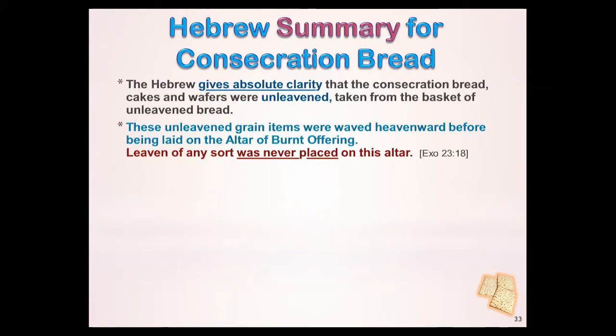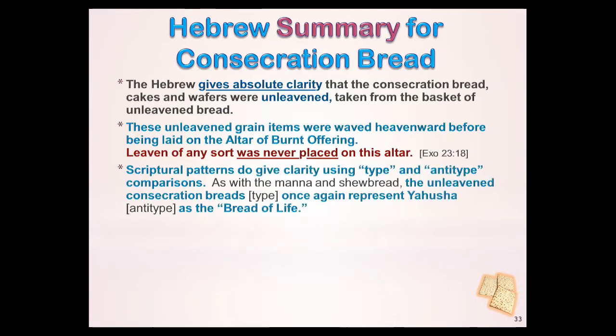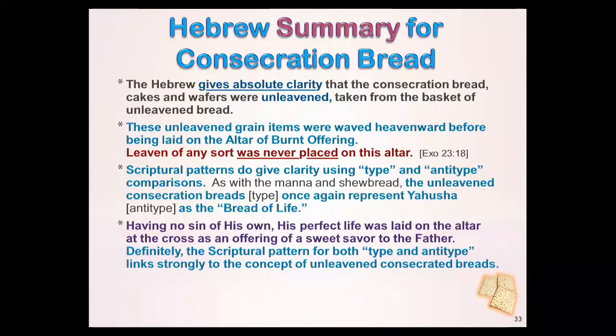In fact, you need to remember that leaven of any sort was never placed on this altar. Never, ever. We're going to read about that a little bit later. The scriptural patterns do give clarity using type and antitype comparisons. And as with the manna and the shewbread, the unleavened consecration breads that are the type once again represent Yahusha as the antitype because he is the bread of life.